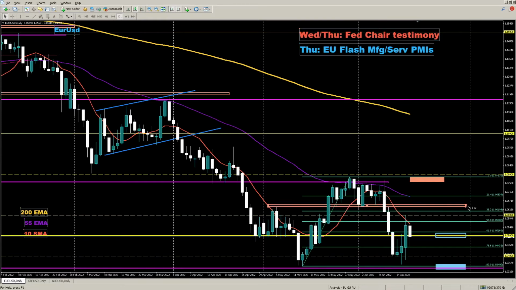Right above, there's still this significant resistance zone. And we'll keep this higher resistance up here for now.